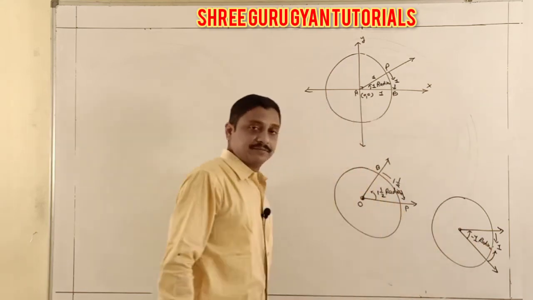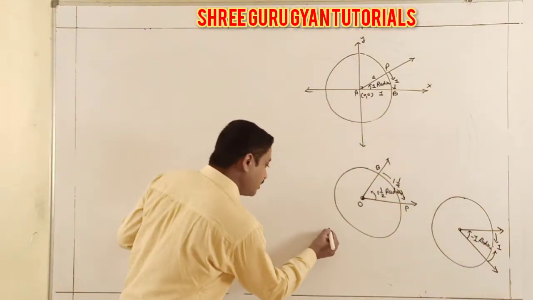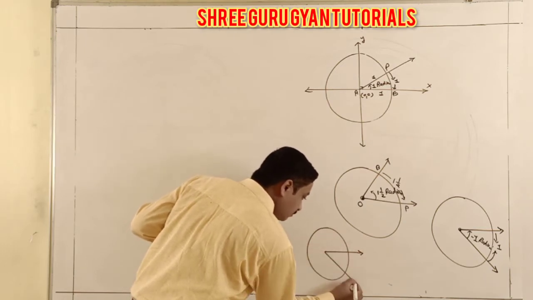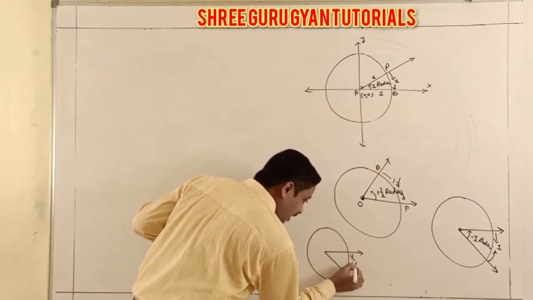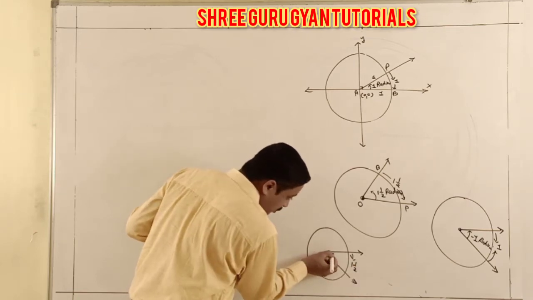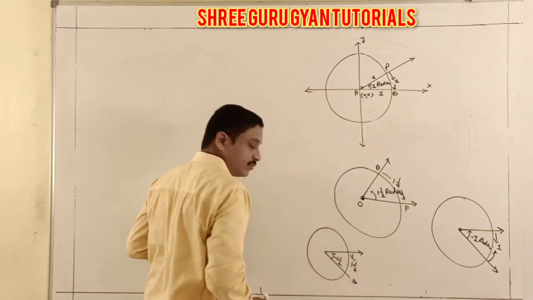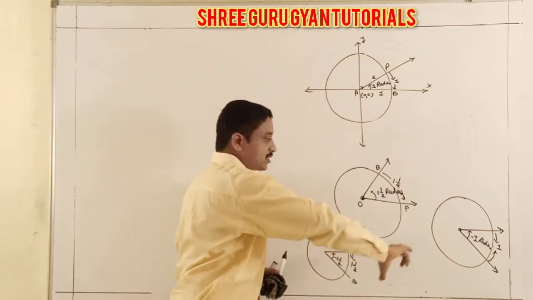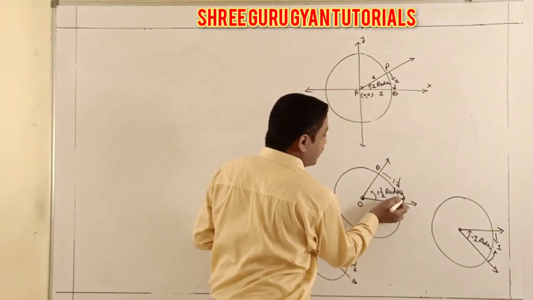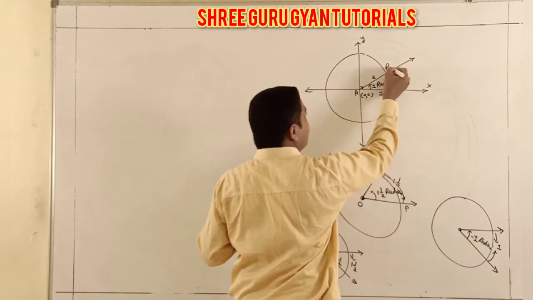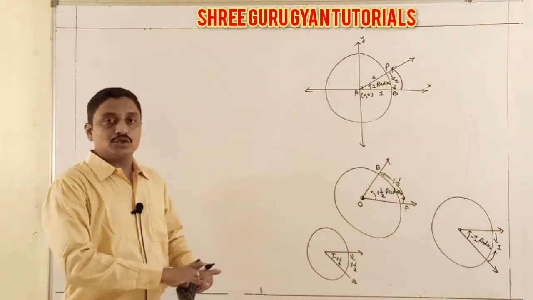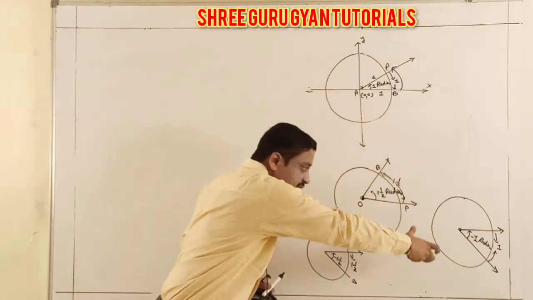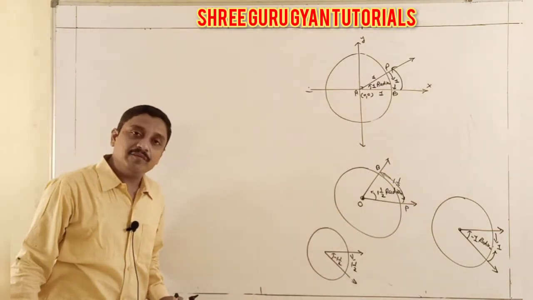Similarly, if you go downwards and this length is 1.5 radian, then it is minus 1.5 radian, because you rotate clockwise. This is clockwise, but this is anti-clockwise, the upper way you go. So anti-clockwise rotation is always taken positive, and clockwise rotation is always taken negative.